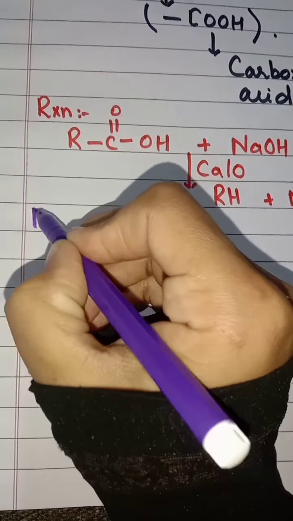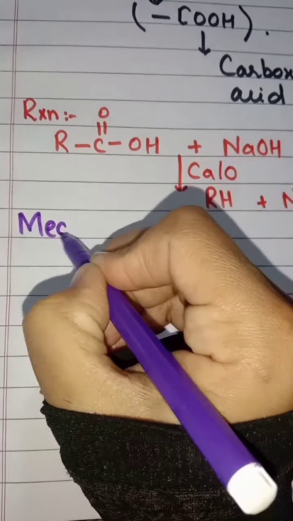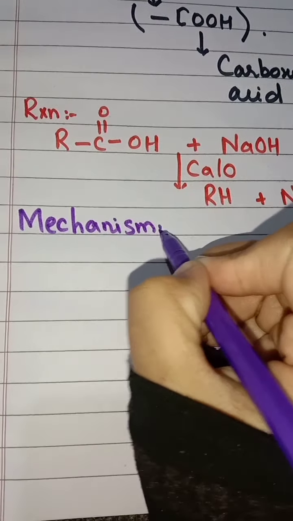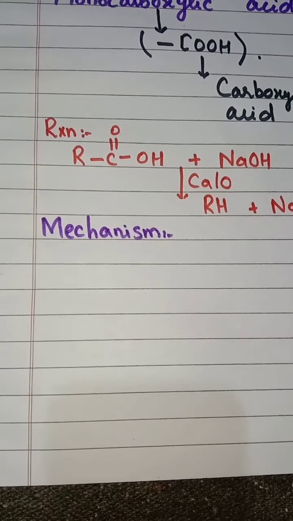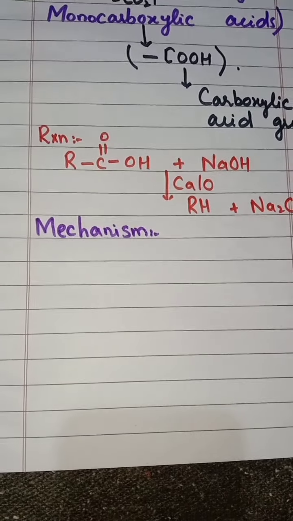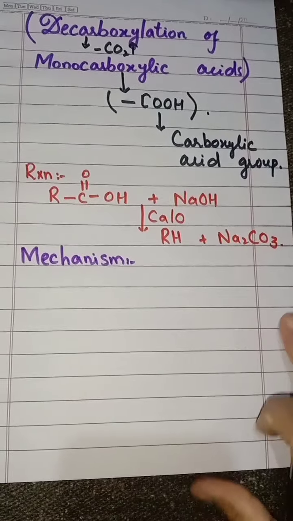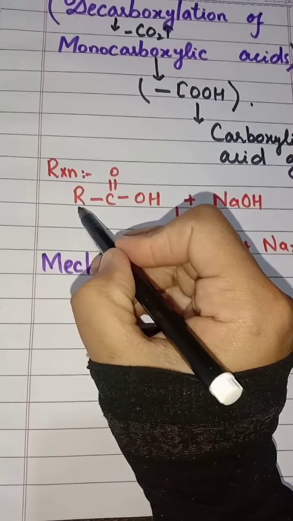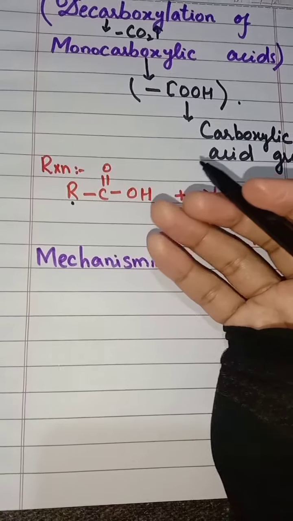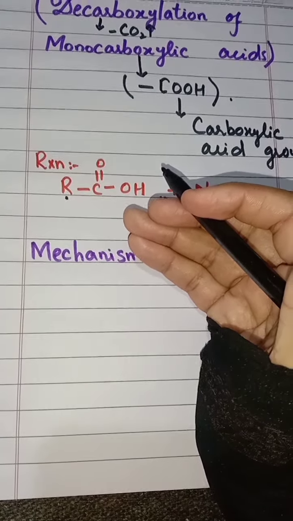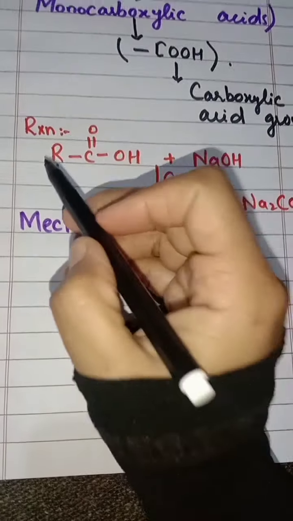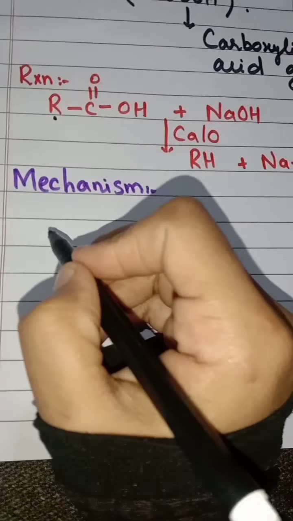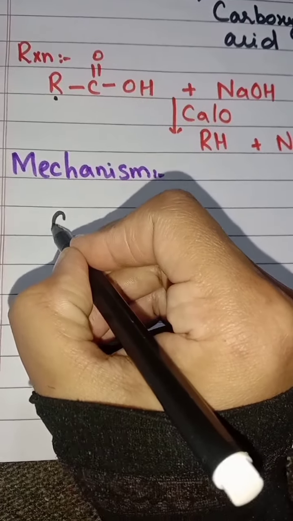What is the mechanism? Remember one thing: to understand any kind of reaction, we have to understand the mechanism behind it. First of all, let us make clear that R may be any kind of alkyl group: methyl, ethyl, propyl, etc. Let's say it is a methyl group.